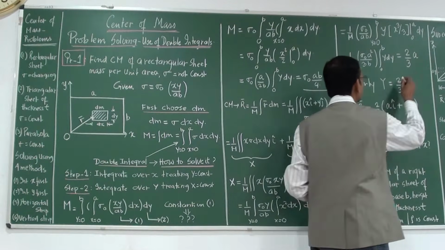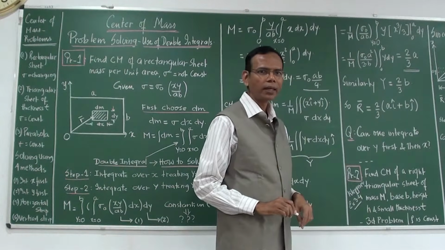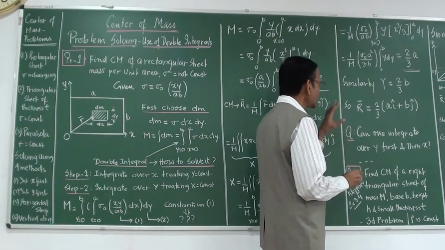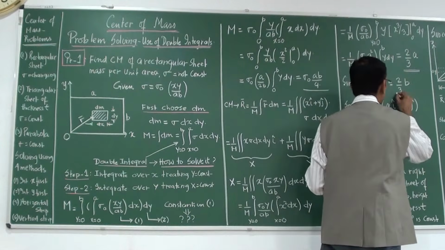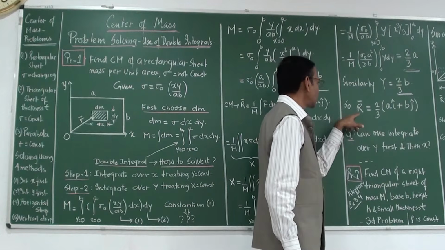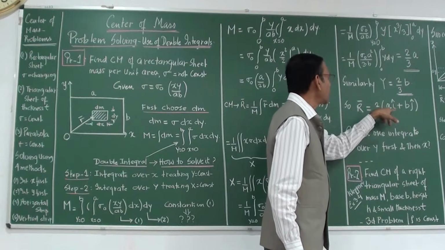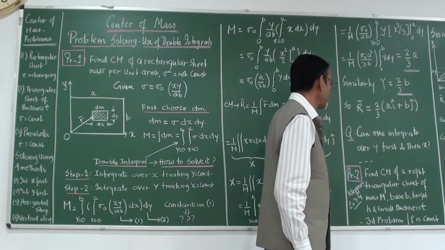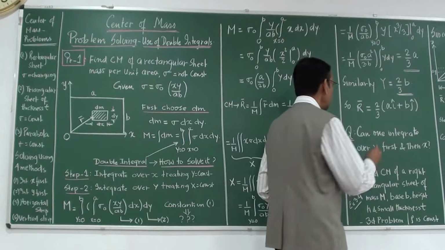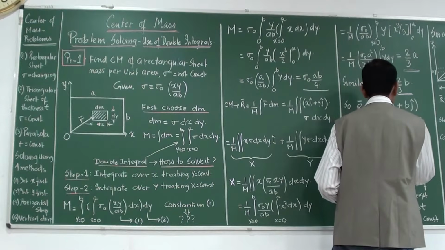So this is your x coordinate. Exactly the same way you can calculate the y coordinate. So finally the center of mass, you get 2 by 3 (a i plus b j). This is your final answer for this particular sheet.